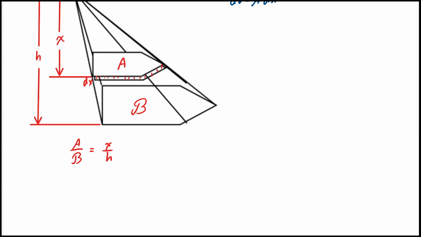Is this true or not? Scale factor. That's a hint, scale factor. I don't remember? I think this is like 7th grade math. It's proportional to the square of that.